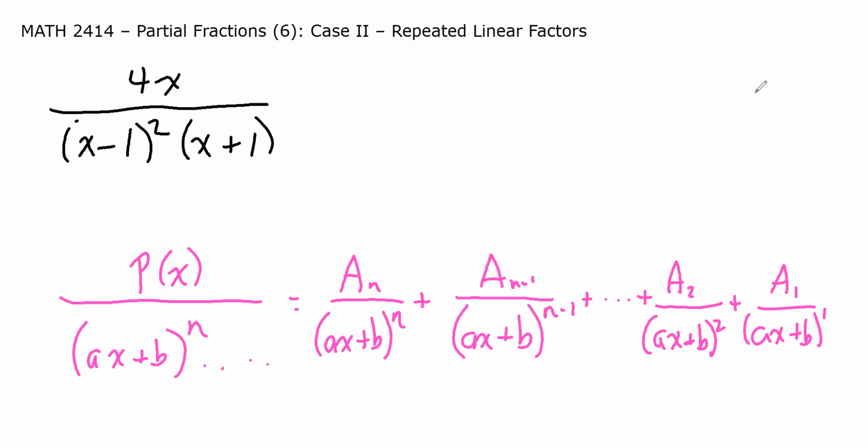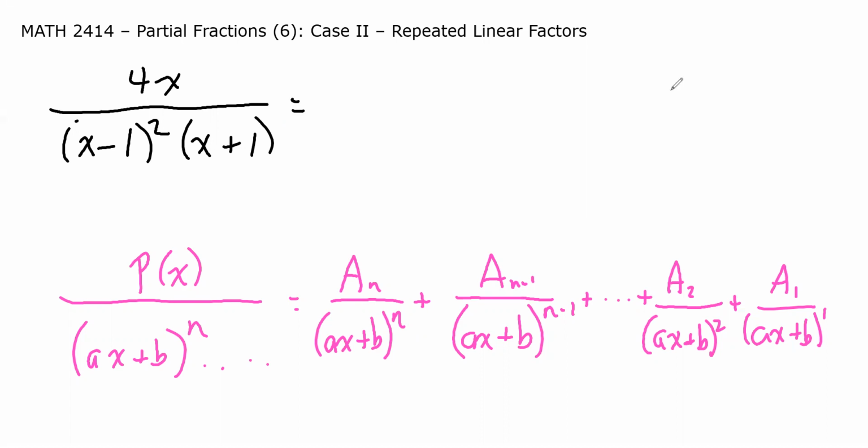So this is really a generalization. Every linear factor gets one partial fraction per power from its highest power down to 1. And if that highest power is 1, like right there on that second factor in our fraction up there, then it would just get one partial fraction. So whatever the power is, that's how many partial fractions you would have to set up for that factor.